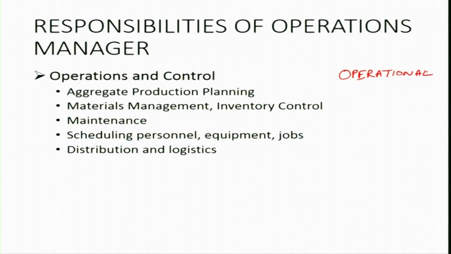What is the difference between strategic and operational decisions? Strategic decisions are long term decisions, which affect the organization for a very long period. Operational decisions have a short duration impact, like how much material I should purchase as an inventory control manager, that will have an impact for a few days or few weeks only, whereas what product I should design and manufacture may have an impact for the next 5 years, 10 years, 20 years.